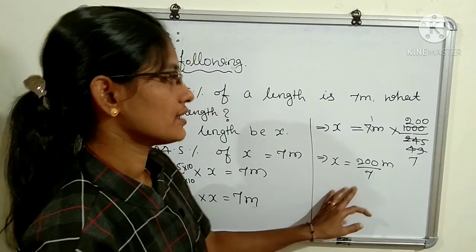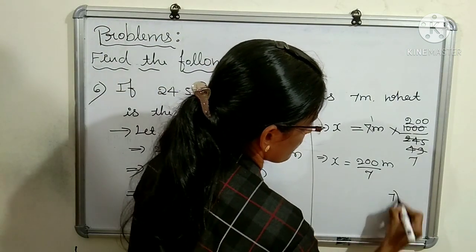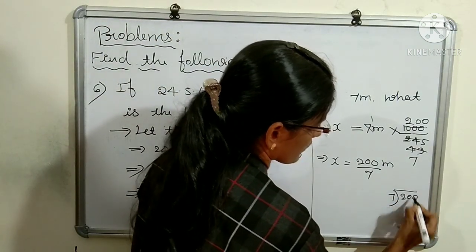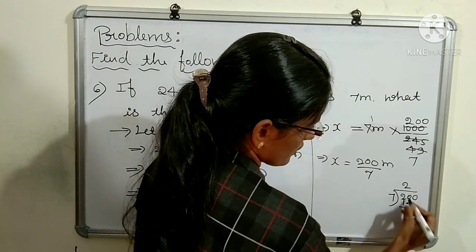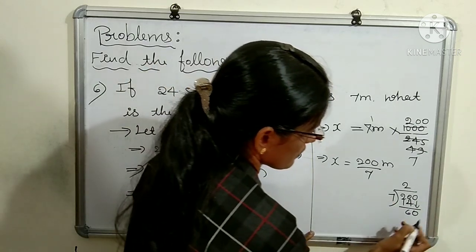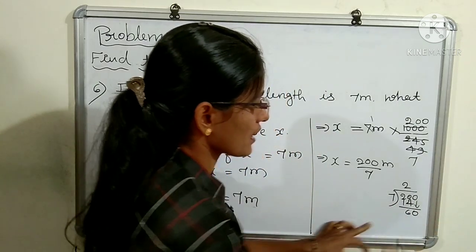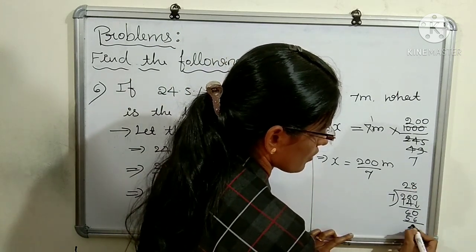Here answer either in mixed fraction form or decimal form. So we have to divide this. Here 7 2s are 14. Here 6 remaining. Here 60. Here 7 7s are 49. 7 8s are 56. Here 4 left out.